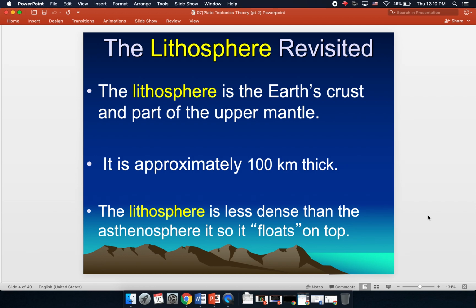Same thing with the entirety of the Earth. The lithosphere is the least dense part of Earth, so it is on the outside, and it's floating on top of the asthenosphere and the other more dense layers of the Earth.